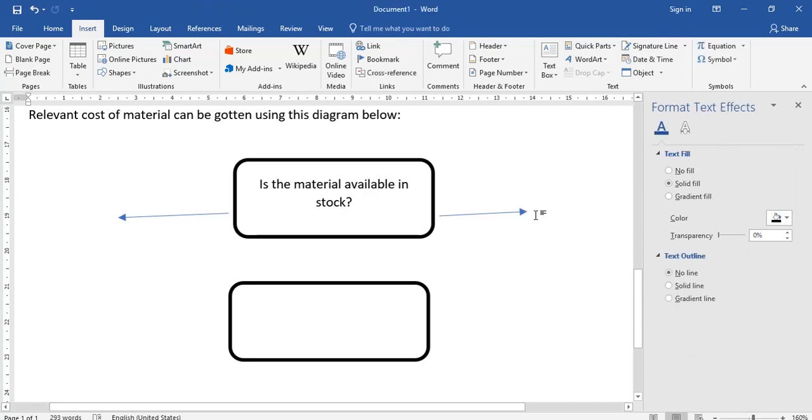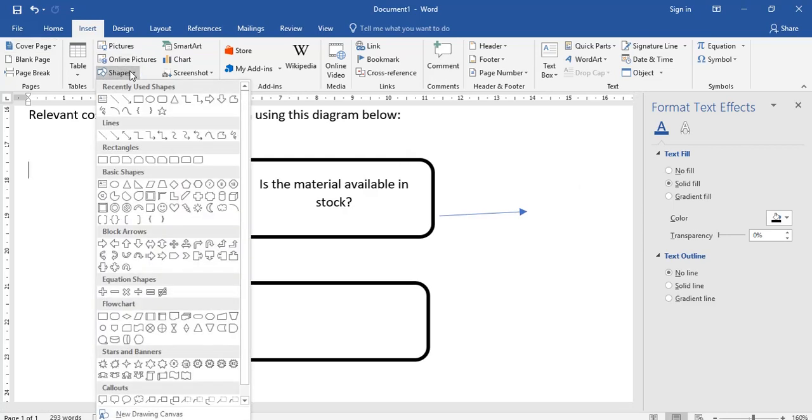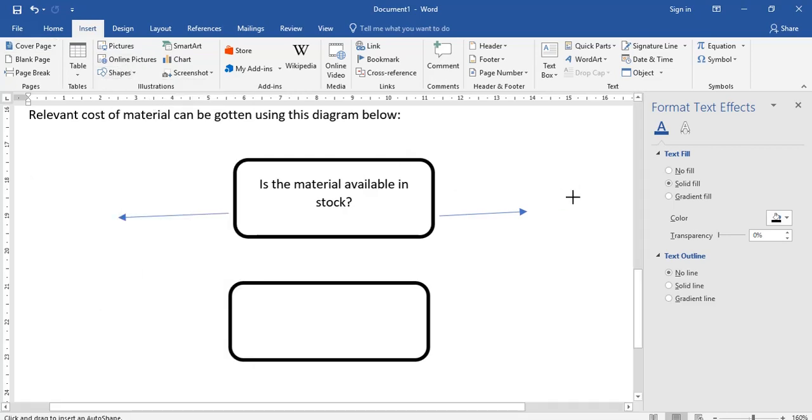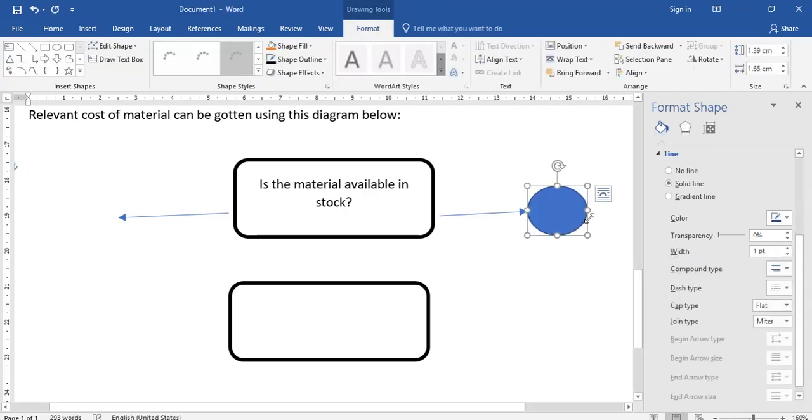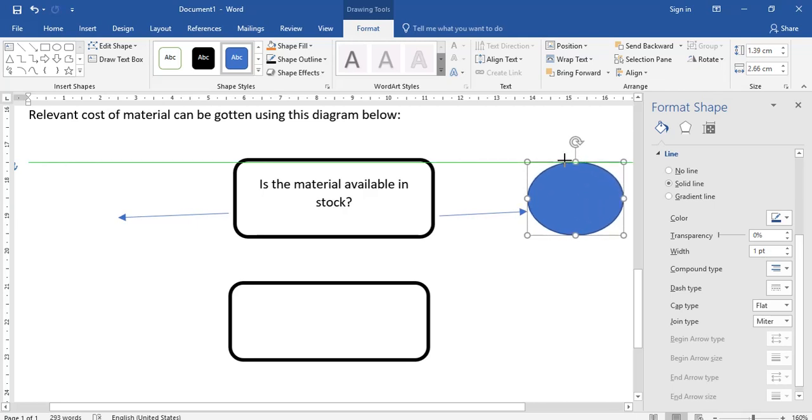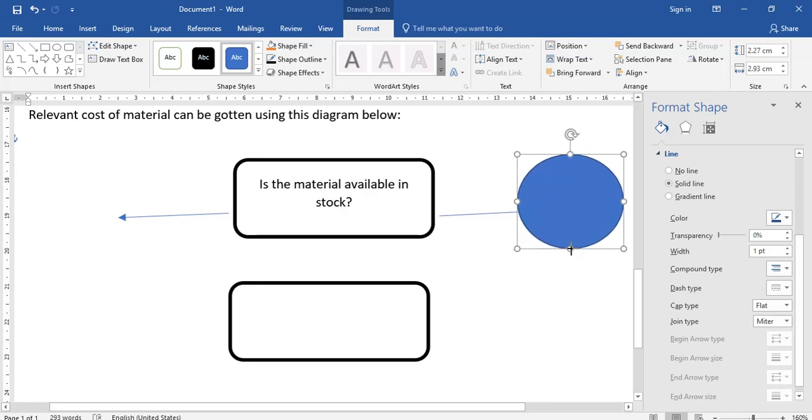Let's start the shapes again. We can say yes, we can say no. So what if we are saying yes?